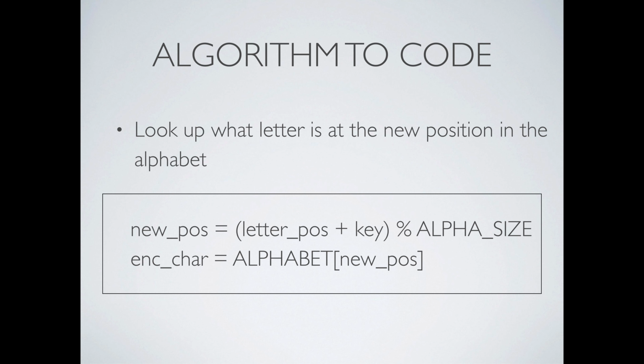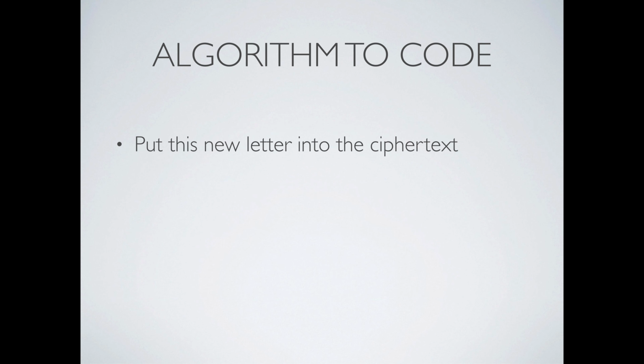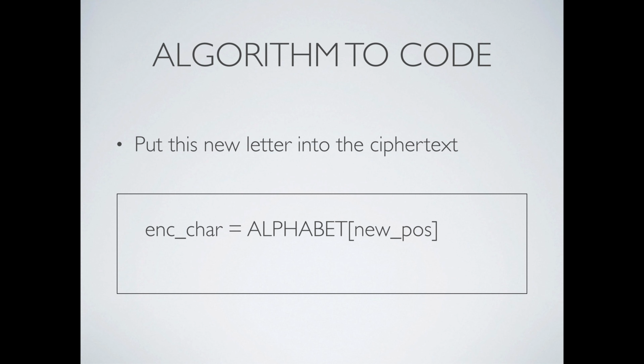Alright, and then the last thing that we do with this is, once we have the encrypted character from the previous line of code we just talked about, then put it into the ciphertext, right? Again, the goal of what we're doing here is going through each letter of the plain text, and for each letter of the plain text we have to do some math and some string lookup stuff to determine what the new encrypted character is going to be.